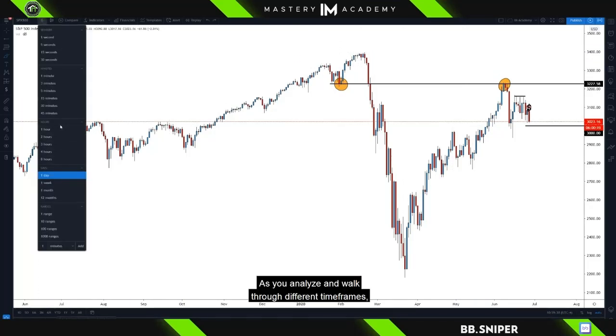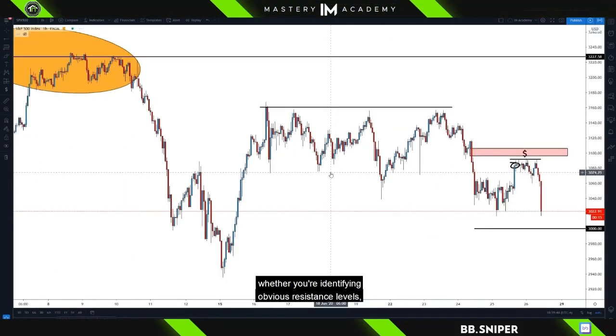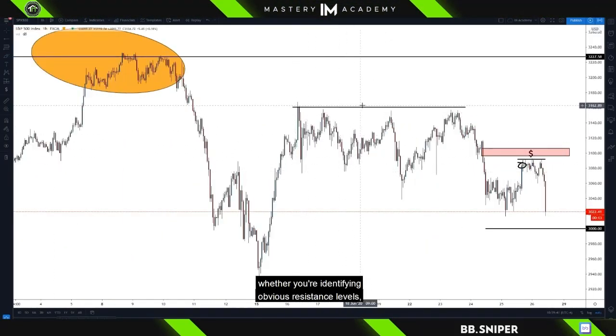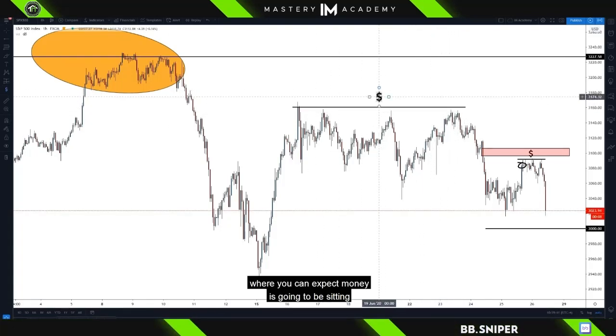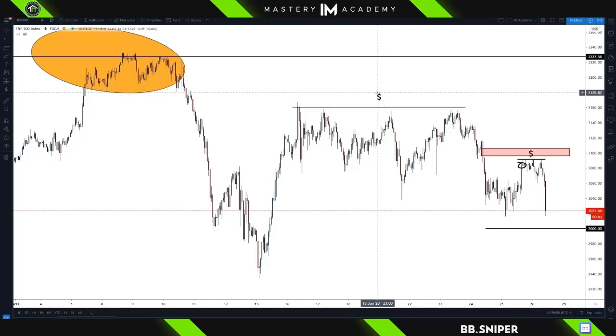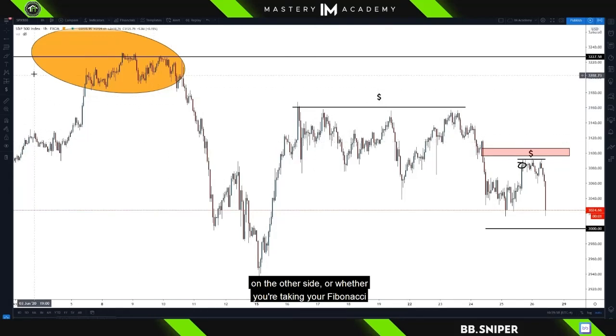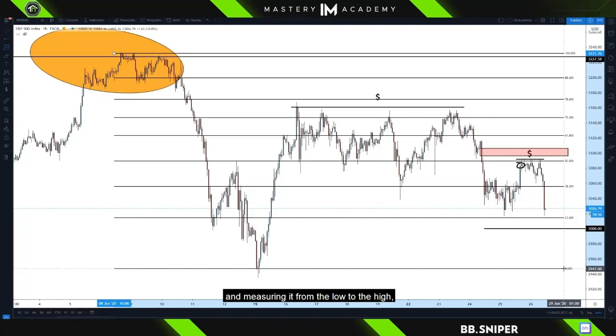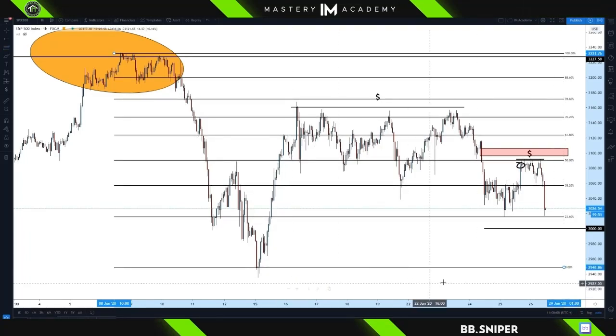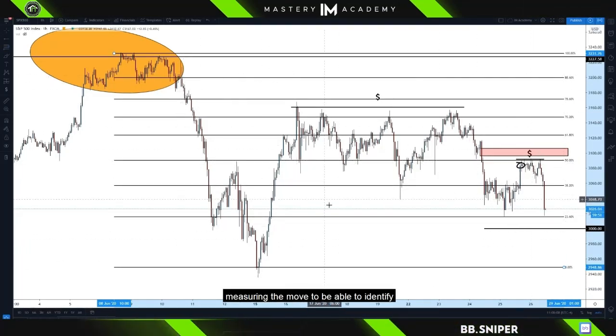As you analyze and walk through different time frames, whether you're identifying obvious resistance levels where you can expect money is going to be sitting on the other side, or whether you're taking your Fibonacci and measuring it from the low to the high, measuring the move to be able to identify where price currently lies.